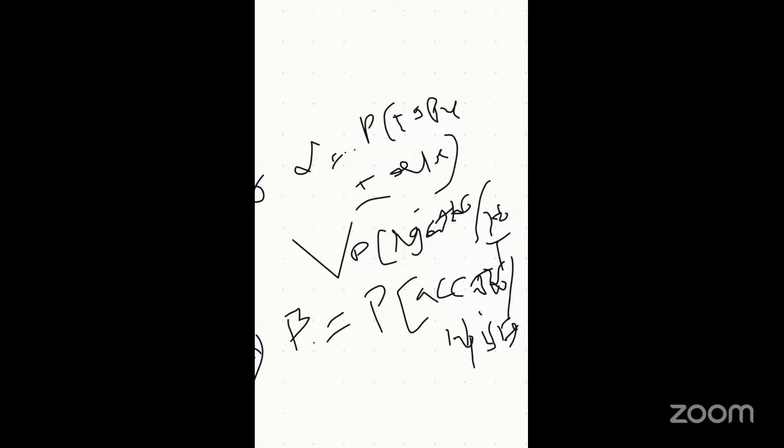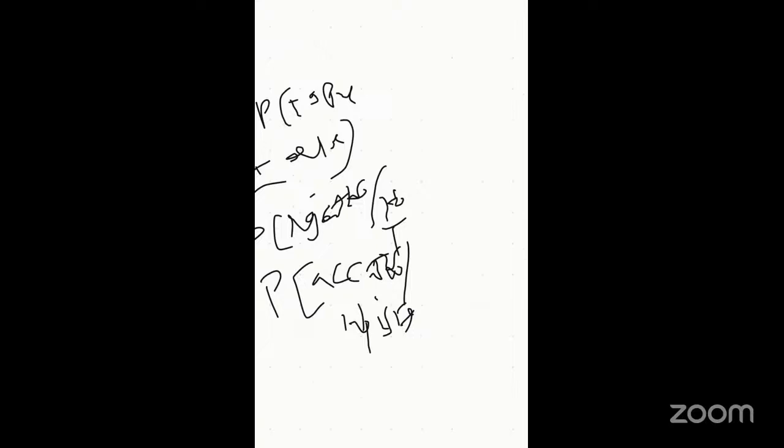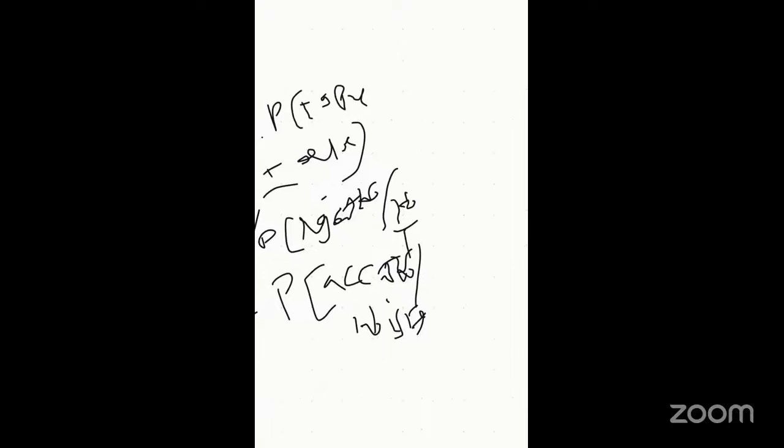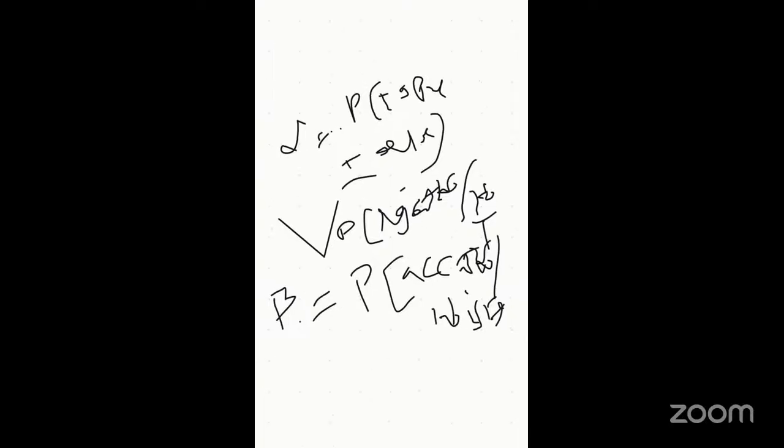So if given any distribution, we need to find the type 1 error and type 2 error. Among those, there are also problems on the minimum variance unbiased estimator.